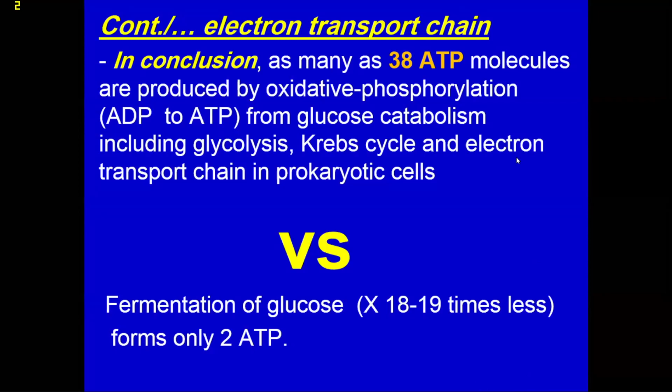That is to say, the transfer of ADP to ATP from glucose catabolism through glycolysis, the Krebs cycle and the electron transport chain. Whereas in fermentation, we said only 2 ATP are produced. So aerobic respiration gives 18 to 19 times more, or fermentation gives 18 to 19 times less than aerobic respiration.